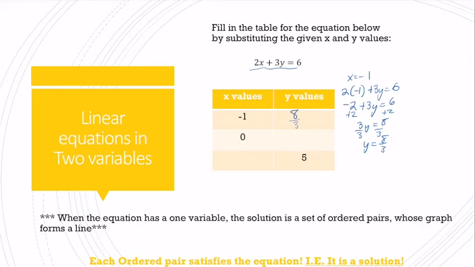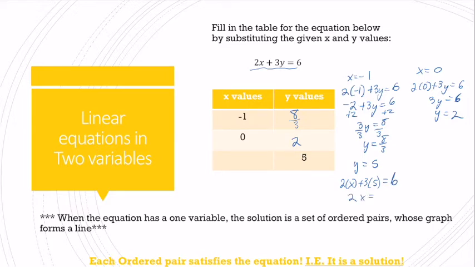Next, I have when x is 0. If x equals 0, I have 2 times 0 plus 3 times y equals 6. 3y equals 6, so y equals 2. And then I can also plug in a y value. If I have y equals 5, I have 2 times x plus 3 times 5 equals 6.